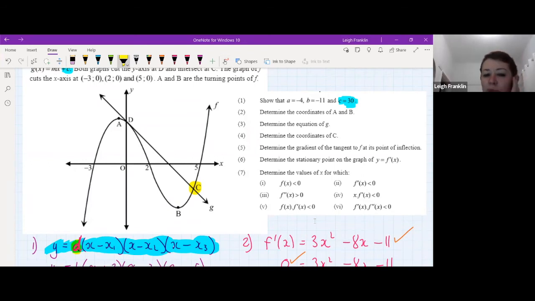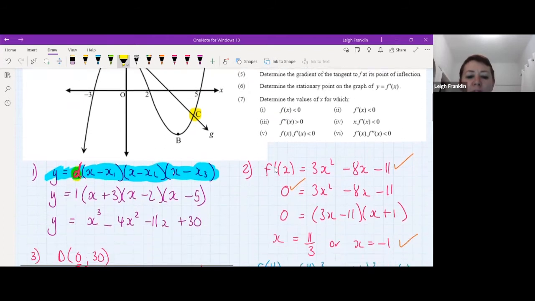Yes, it is a point of intersection. So when we want to find the coordinates at a point of intersection, we have to let f of x equal g of x, or whatever it is that we've been given. Indeed, Tulusile, you are quite right. It is a point of intersection.